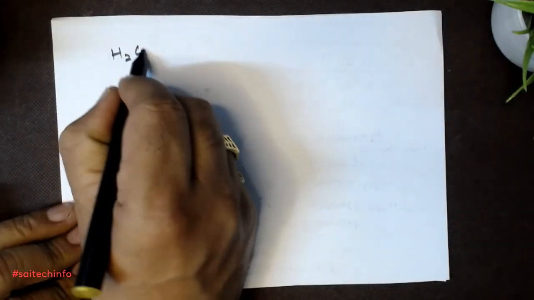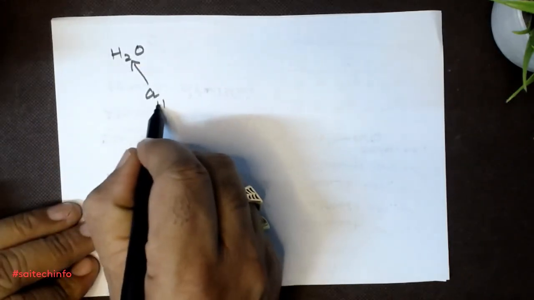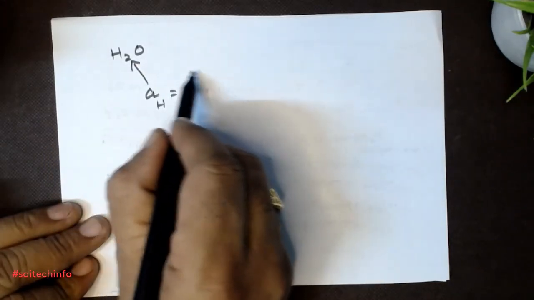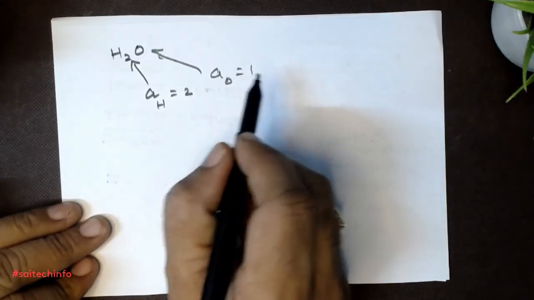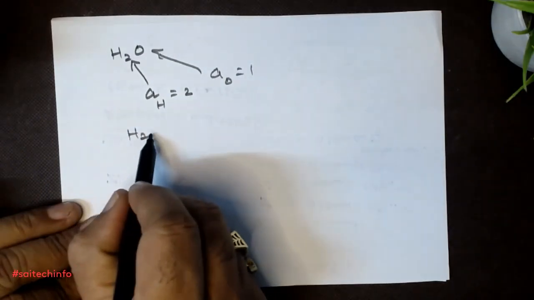For example, let me consider H2O. Here atomicity of hydrogen is 2. Atomicity of oxygen is 1. Let me consider H2SO4.